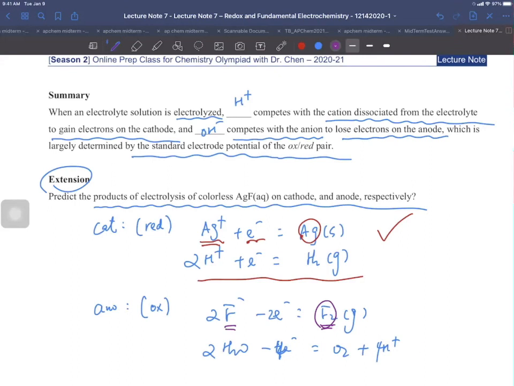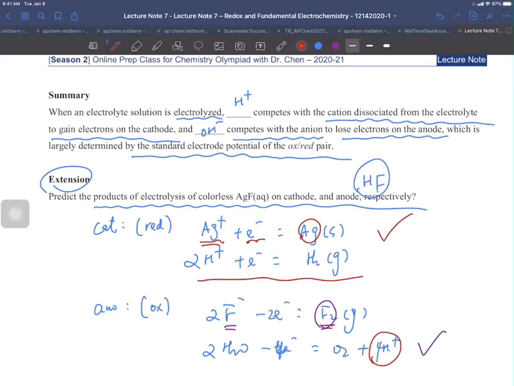So the water will win the game in this case. So what we will get is silver on the cathode and O2 on the anode. What will remain in the solution is the H plus from the anode and the F minus left in the solution, right? So we get HF.